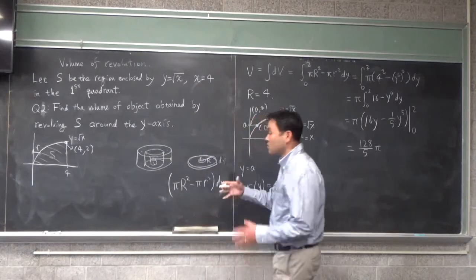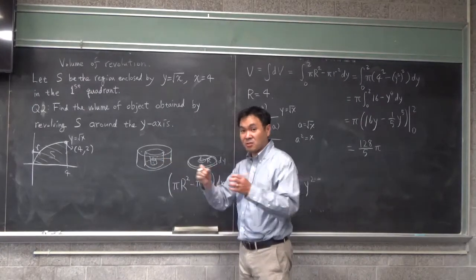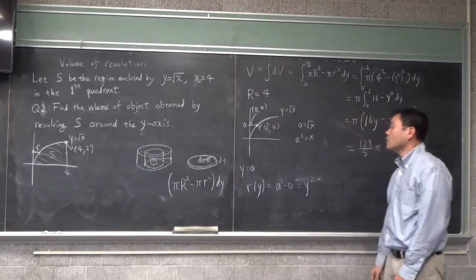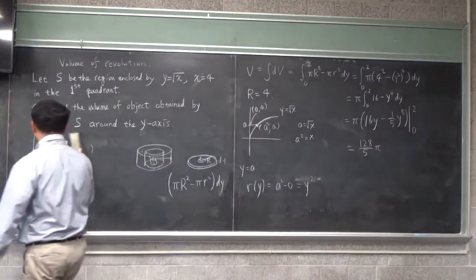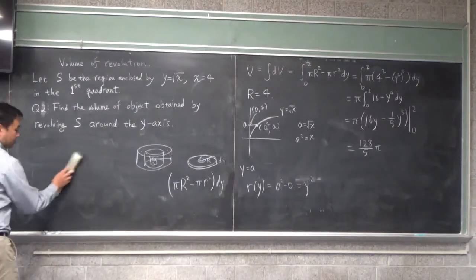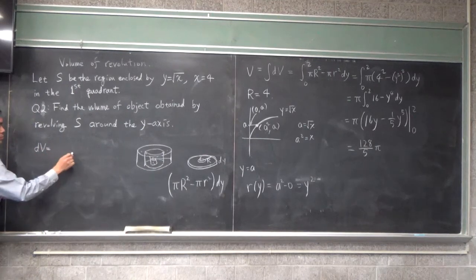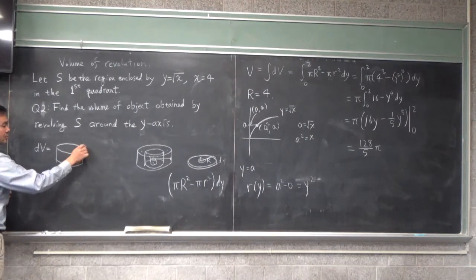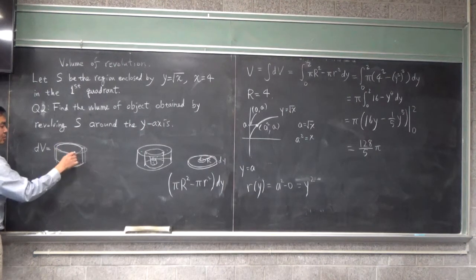You can think of this entire volume as made of some of these cylinders that would eventually fill the entire object, right? If that's the case, let's think about how to write the integral. So here's our dV. Our dV is a cylinder, and you're thickening it so that it has some kind of volume.